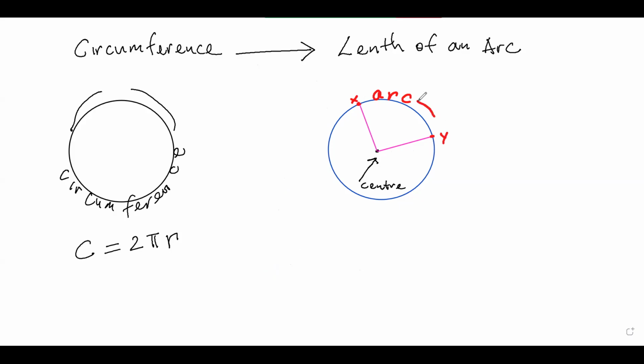So this arc here is called my minor arc. And this arc here, the big part. If the smaller arc is called my minor arc, what will the big arc be called?